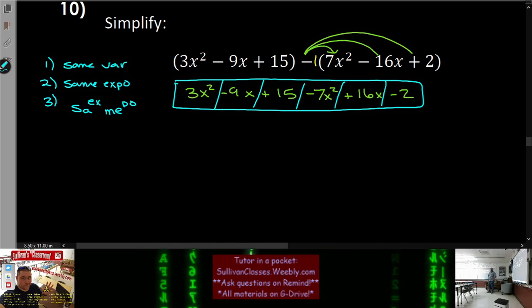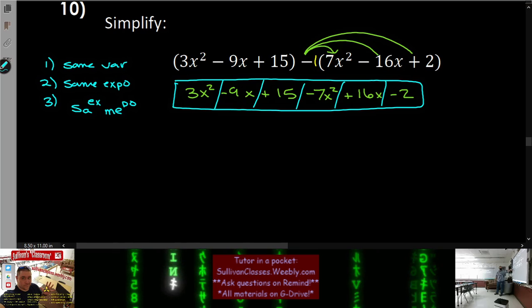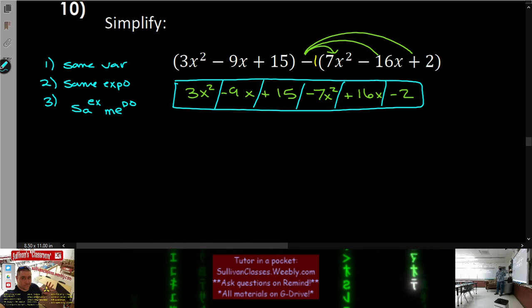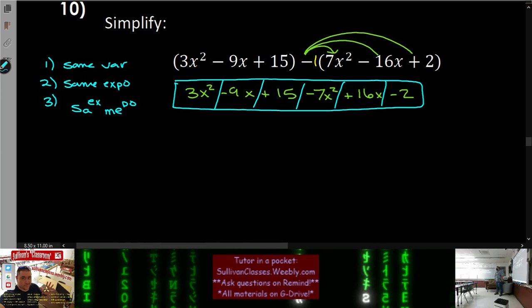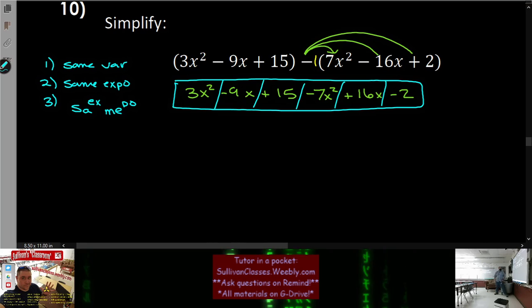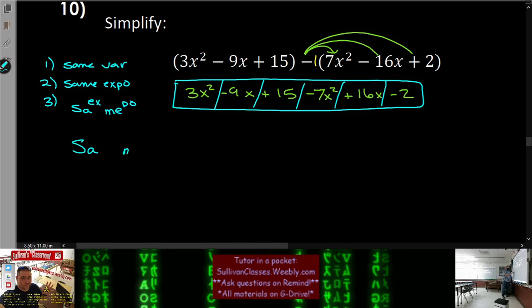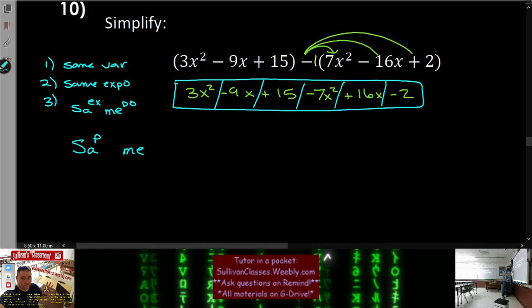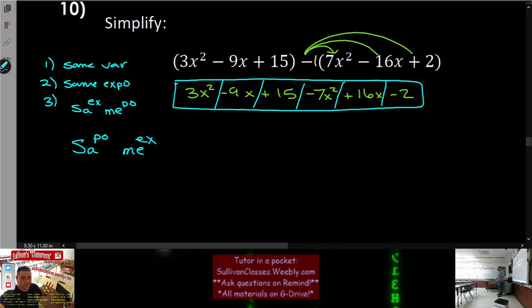See, same is broken up: exponents, variable. For example, if I were to write this differently, that looks goofy, right?